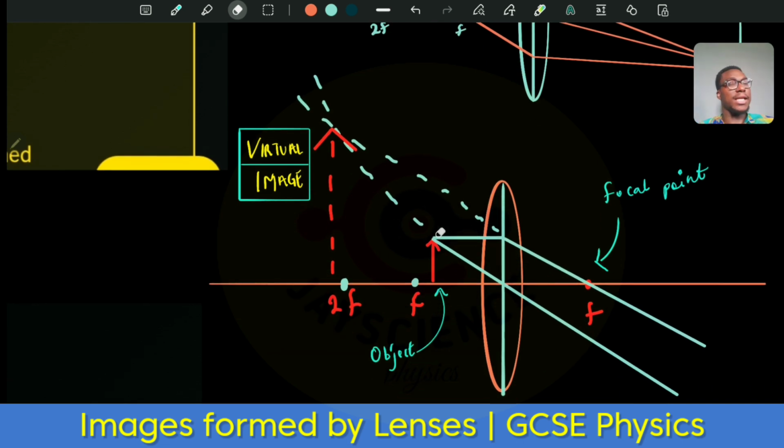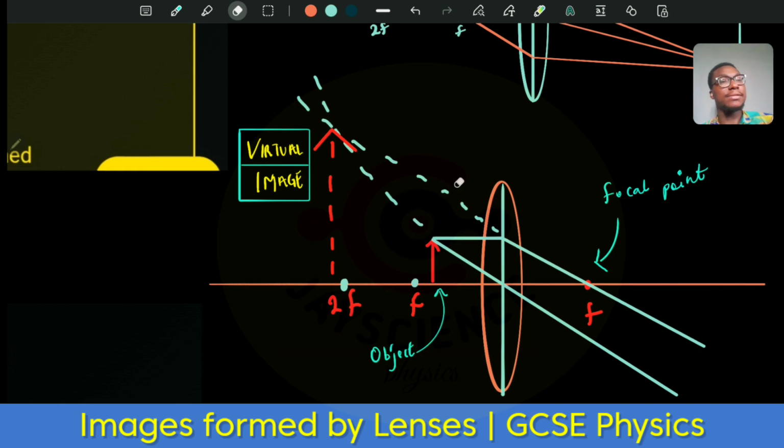Then the second ray, horizontal, hits this point, and then it's refracted through the focal point. So this just goes straight down. And the most important part of this is you trace this backwards. So the point where these two virtual rays meet is where your virtual image is formed. And then you can see how we represented the virtual image.